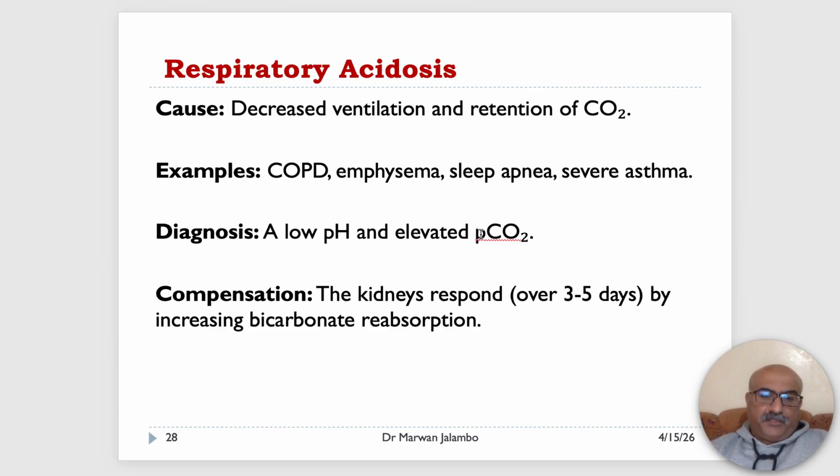The compensatory response comes from the kidneys, but it is slow. Over several days, the kidneys will increase their reabsorption of bicarbonate to help buffer the excess and bring the pH back to normal.